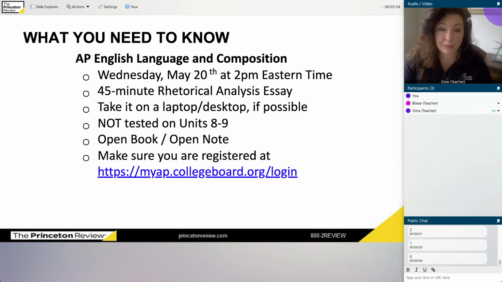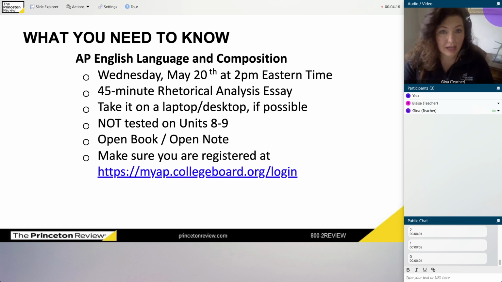And some of you might even be taking this in other time zones. So, if in doubt, you can simply go to a time zone converter in Google and find out what your time is, or you can even go to collegeboard.org and you can find the complete list of times. But it's 2 p.m. Eastern for the East Coast folks.